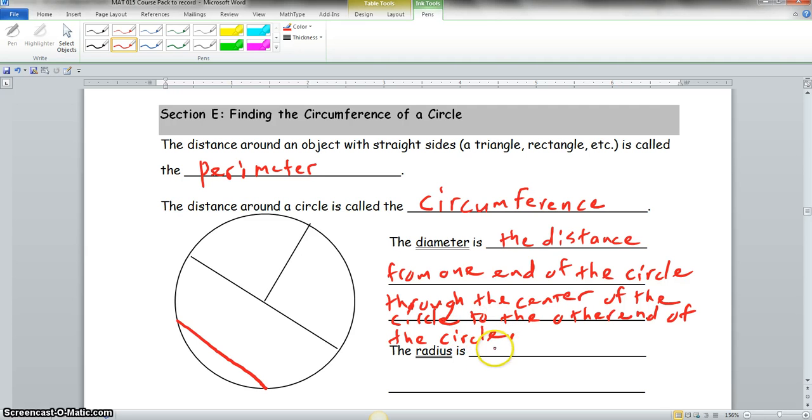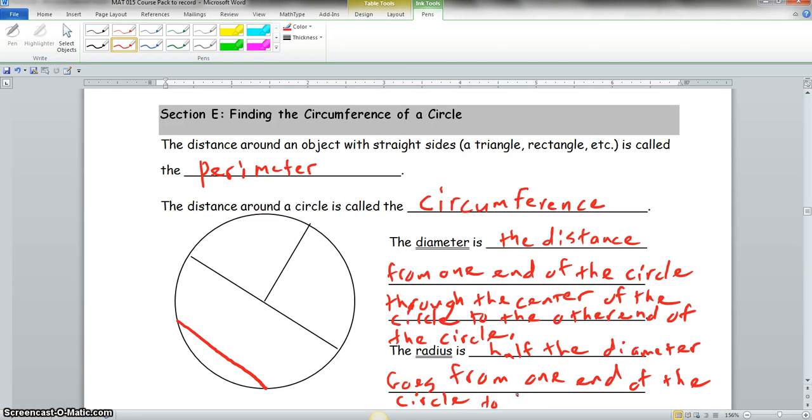Now the radius is just half the diameter. So it basically goes from one end of the circle to the center of the circle.